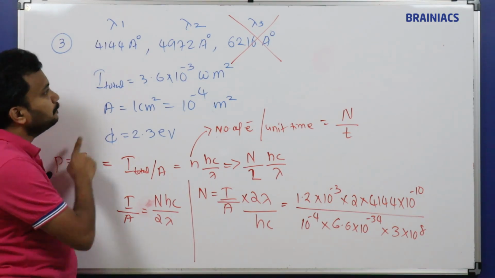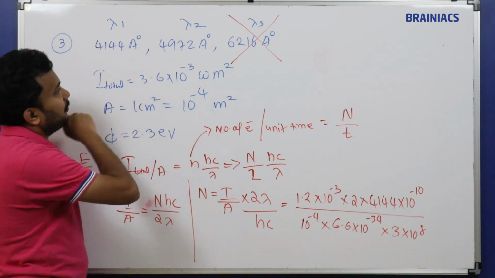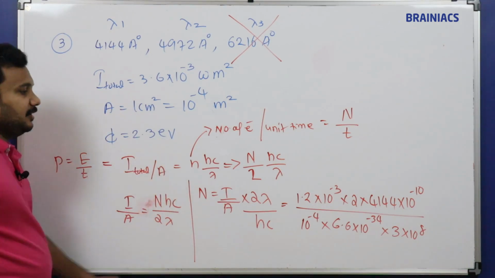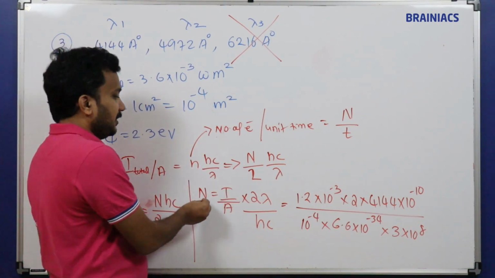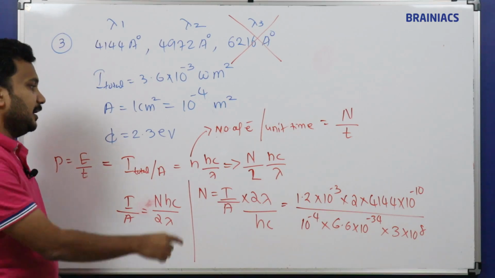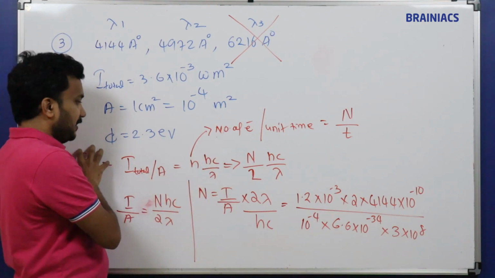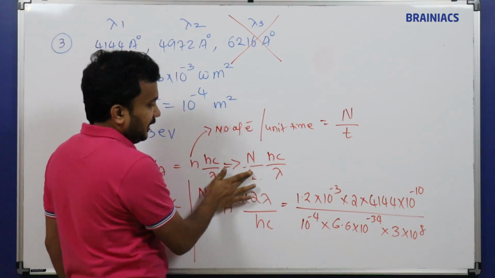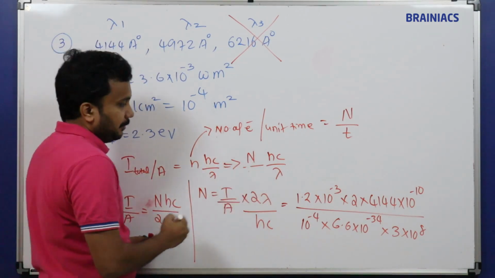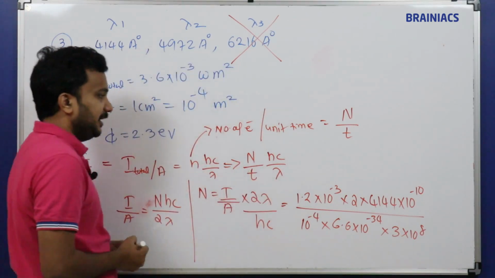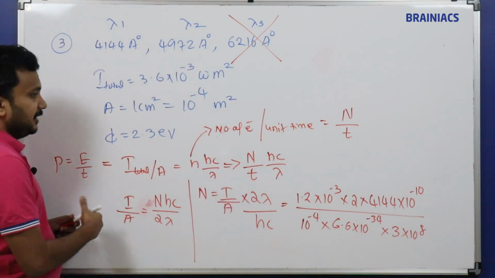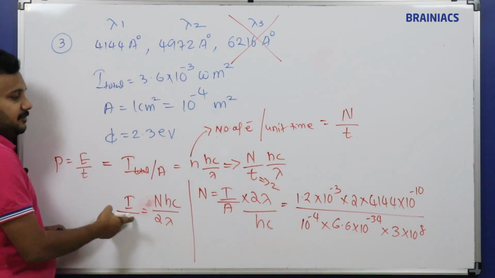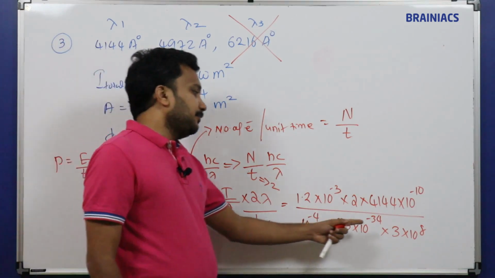What is power? Power means 3.6 into 10 power watt per meter square is the intensity, multiplied by area. You will get the power, and n hc by lambda is called the energy. So energy is number by time. We know the value of t is equal to 2 seconds, which we simplified over here, and we substituted, and we got the final answer.